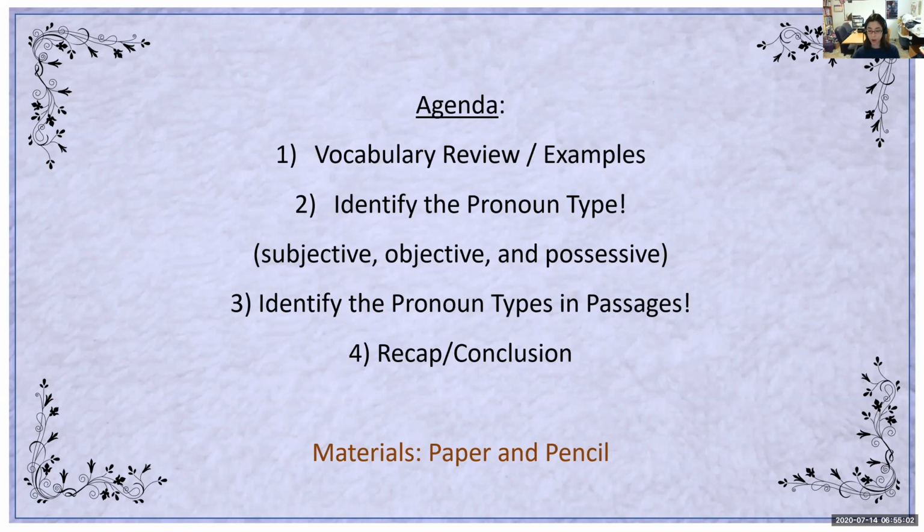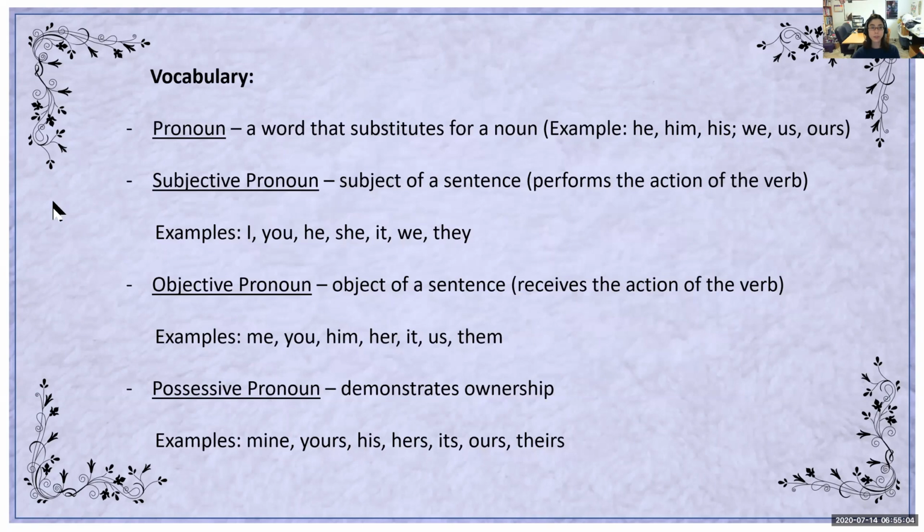And so our vocabulary terms that we focused on for today mostly were a pronoun, which is a word that substitutes for a noun, a subjective pronoun, which is the subject of a sentence, so it's the one that performs the action of the verb, such as I, you, he, she, it, we, they. Those are all subjective pronouns. Then we talked about objective pronouns, which are the object of a sentence.